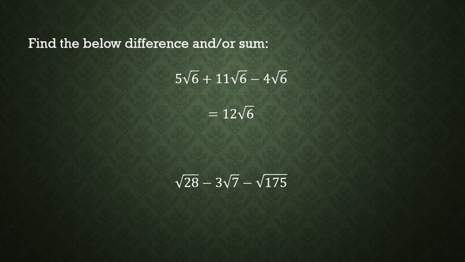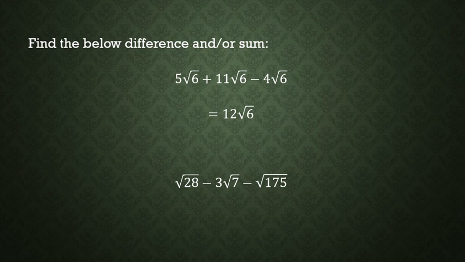That's not necessarily the case. If I'm going to ask you to find the difference or sum of things, and the radicands aren't all the same, then it likely means that you can use one of our previous properties to change these terms so that all their radicands are the same.